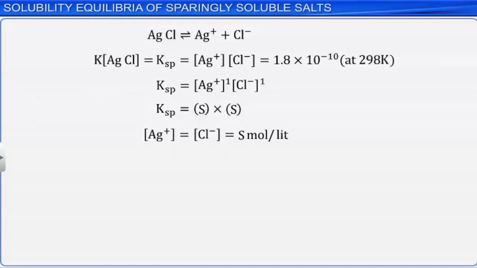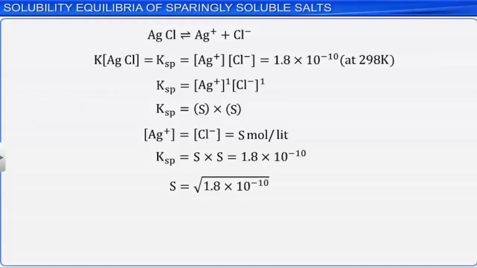Substituting S instead of concentrations in the expression for solubility product gives Ksp is equal to S multiplied by S, which is equal to 1.8 into 10 to the power of minus 10. Thus, the molar solubility S is equal to square root of 1.8 multiplied by 10 to the power of minus 10.